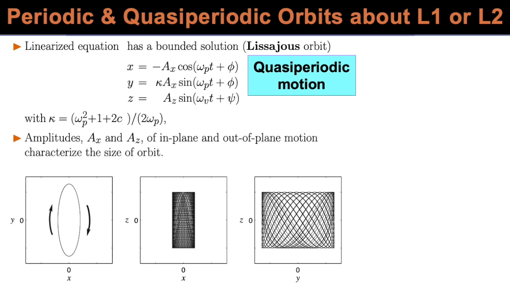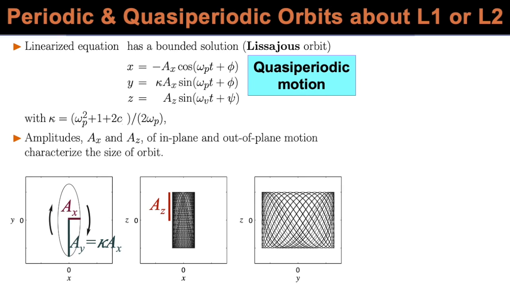The amplitudes Ax and Az represent the in-plane and out-of-plane motion, so they characterize the size of the orbit. I'm showing 3 different projections. This would be the projection onto the Moon's orbital plane. So Ax is the half width in x, and then Ay is just given by kappa Ax, where kappa is given by some constants. Az is then independently chosen.